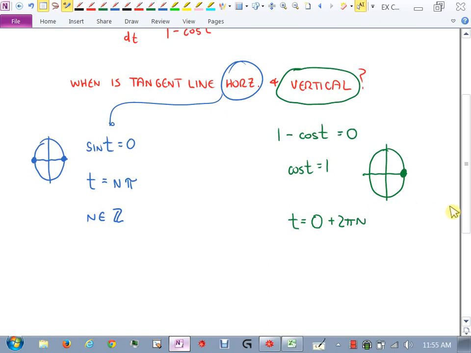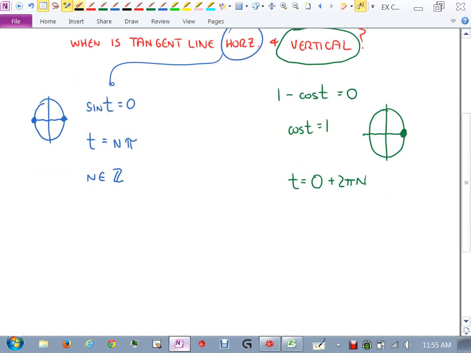Look, would everyone agree that at pi, at 3 pi, at 5 pi, at 7 pi, my tangent line is horizontal? Yes? The question is, what's happening at t is 0 or 2 pi or 4 pi? Because at 0 or 2 pi or 4 pi or 6 pi or 8 pi, they're both 0, right? Top and bottom?